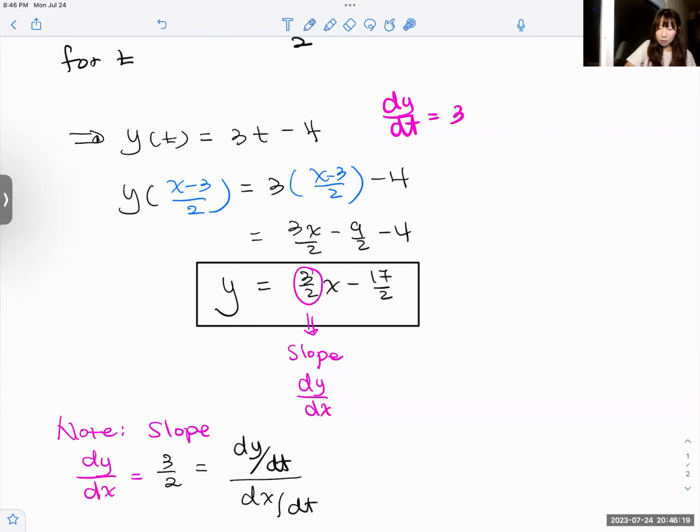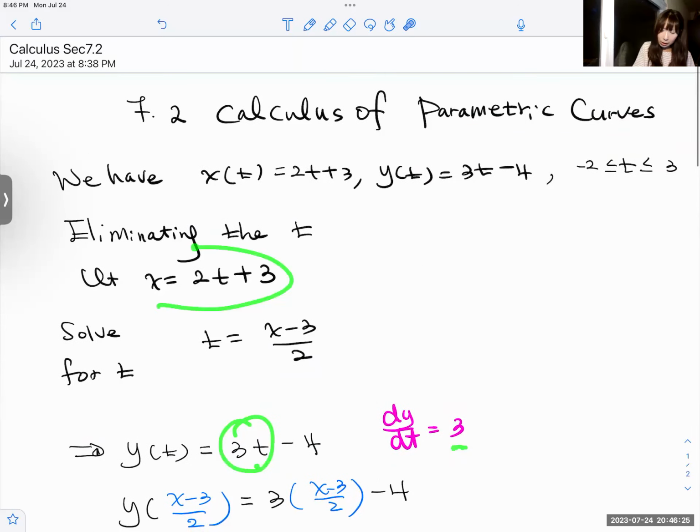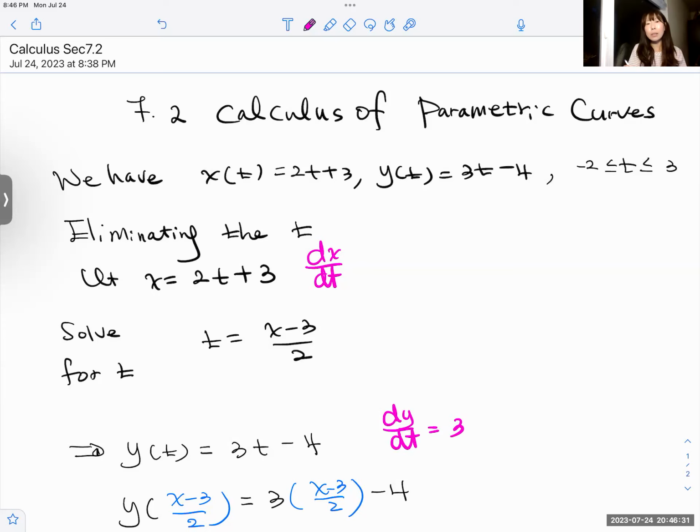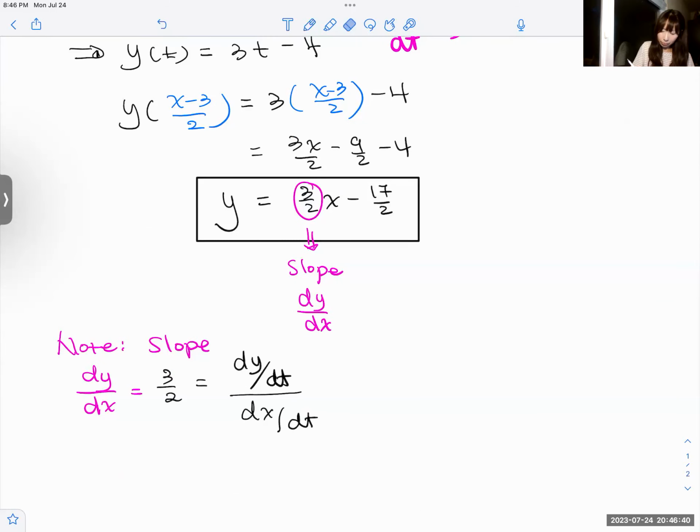That means we take the derivative with respect to t, so we got 3. How about dx over dt? We're looking at the x equation. What's the derivative with respect to t? Then we get 2, right? So that is 3 over 2, right?